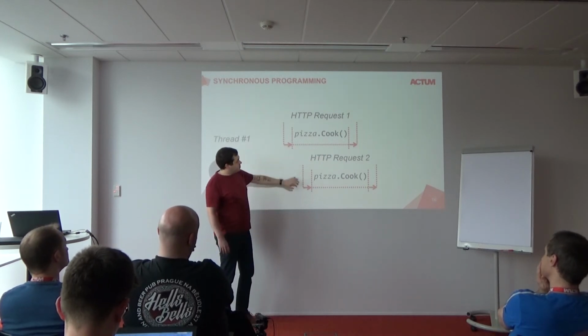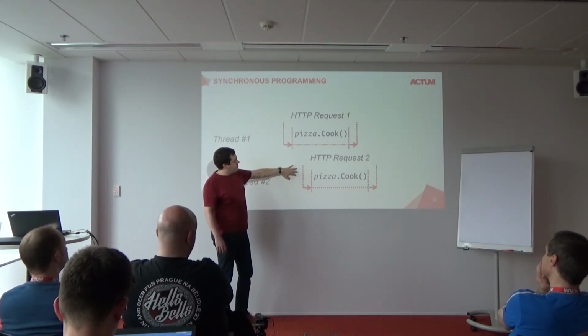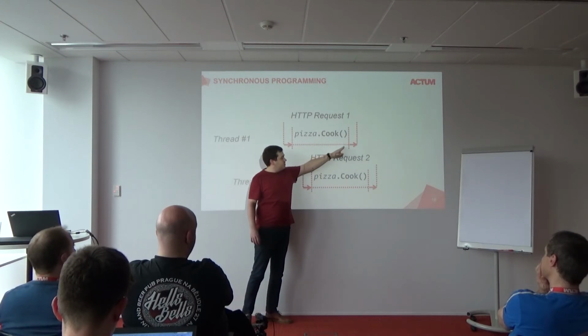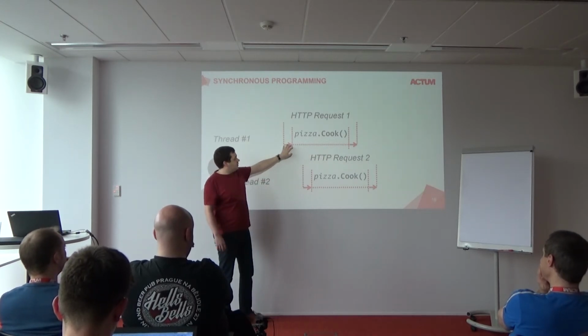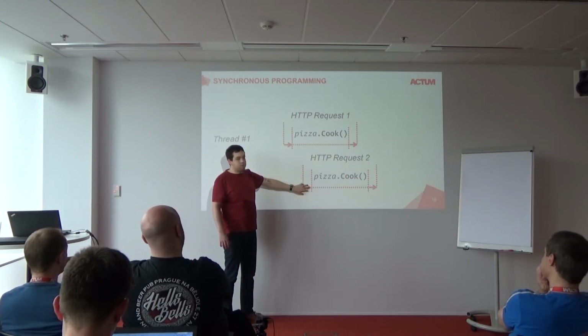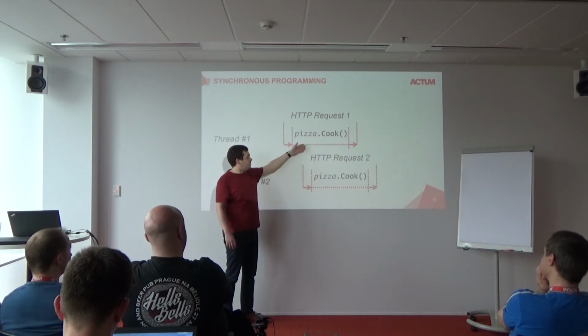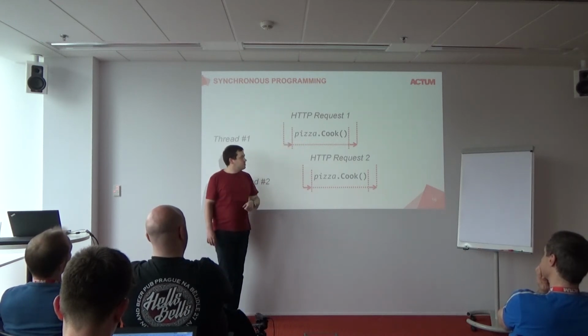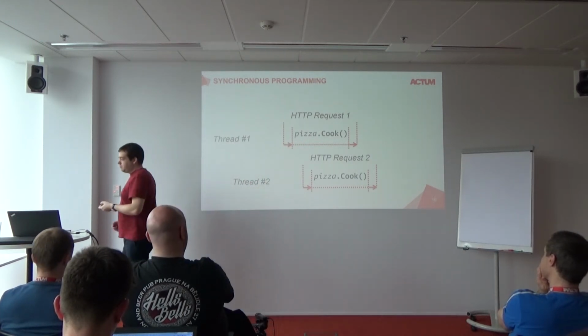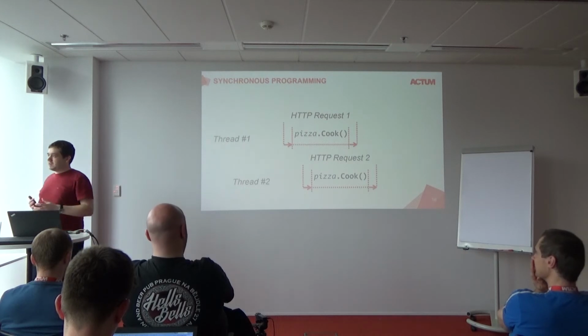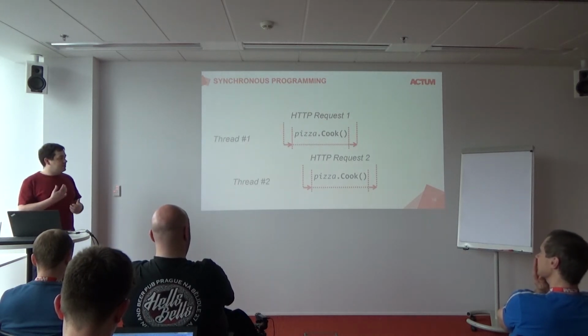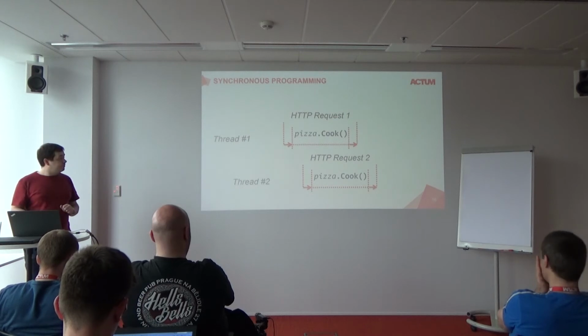So, for example, in this diagram, if you don't need the thread for this time, then the same thread can be used to process the second request, because you don't need to wait for everything. So there are different aspects, and asynchronous programming tries to solve all of these aspects with some abstraction.